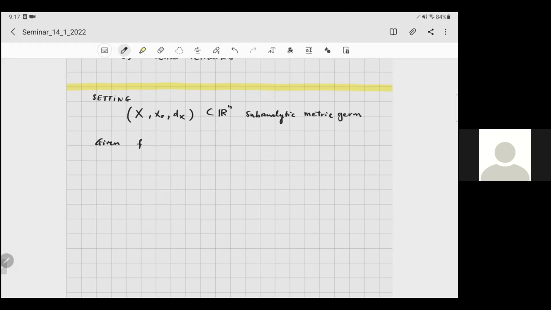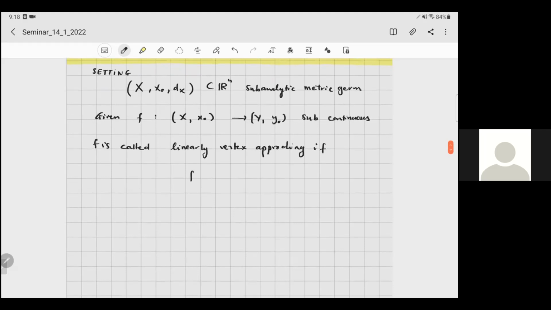So given an F from two germs, (X, x0) to (Y, y0), which is subanalytic continuous, F is called linearly vertex approaching if we have that |f(x) - y0| is preserved in the sense of Lipschitz: (1/k)|x - x0| is at most |f(x) - y0|, at most k|x - x0|, for some k bigger than or equal to 1.